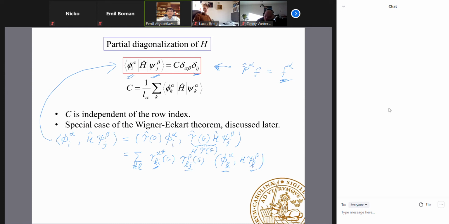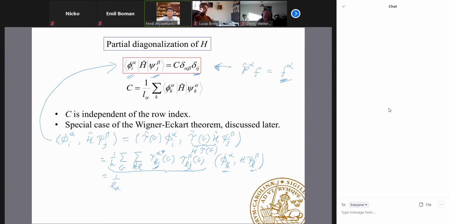Now we can make use of the orthogonality theorem. So this is where the orthogonality comes in again. So we can sum this over g, but we have to divide by the number of elements, which is h. So then this whole thing becomes 1 upon l alpha.